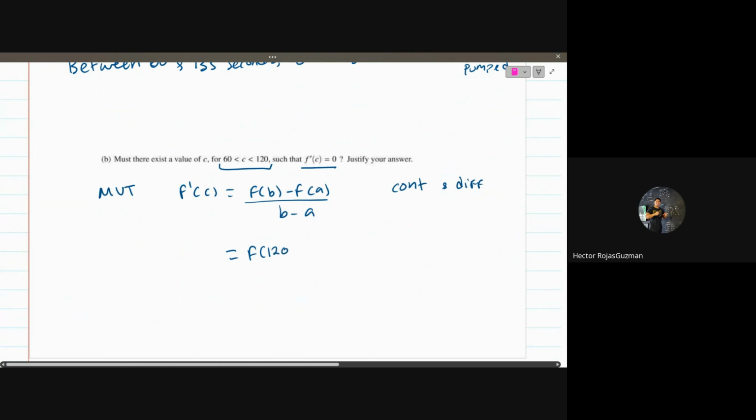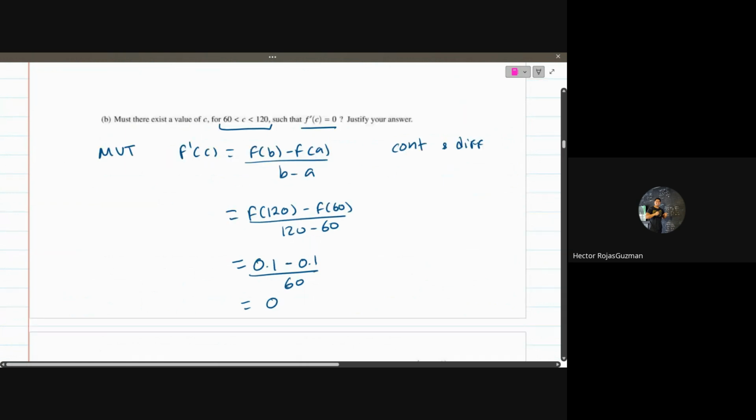f of 120 minus f of 60 over 120 minus 60 equals, okay, let me take a look at what f of 120 is. It's 0.1 minus 0.1 over 60, which in fact is 0.